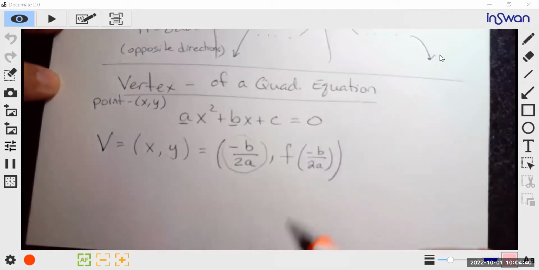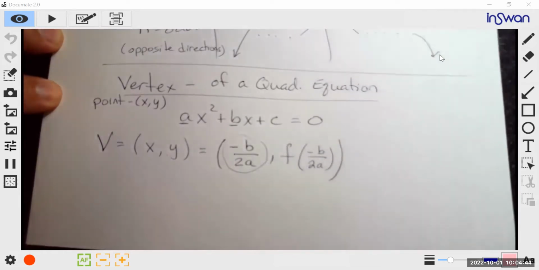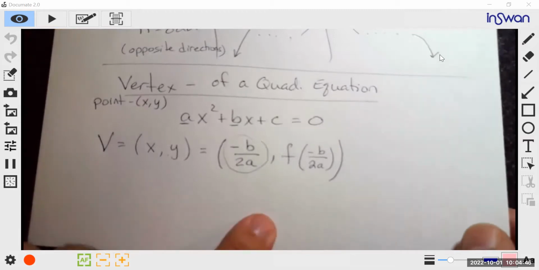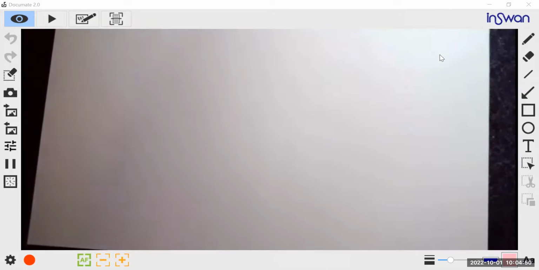This is one method. The next method uses completing the square, and I'll show you that when I get to it. So we have this formula here. Let's look at an example.